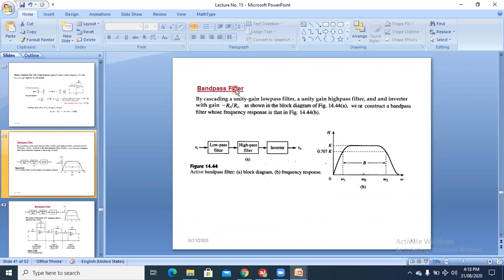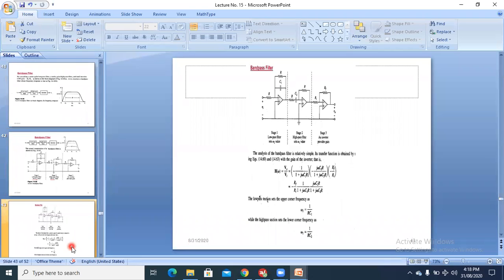So this band pass filter has bandwidth omega 1 to omega 2 depending on the cutoff frequency of the low pass filter and the high pass filter, and the gain controlled by this inverter. And now let's see what this is.